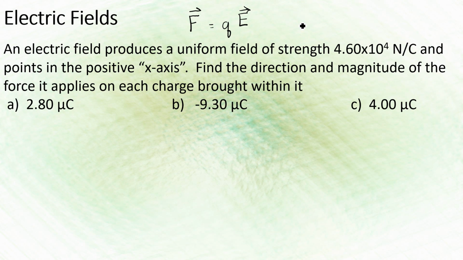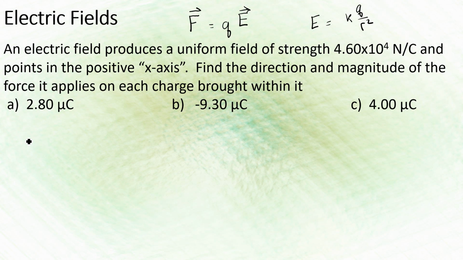Actually, before I get into that, let me put up the other formula that we'll need for this, and that is the electric field is going to equal KQ over R squared, because the charge experiences a smaller force as it gets further away from the source of the electric field.